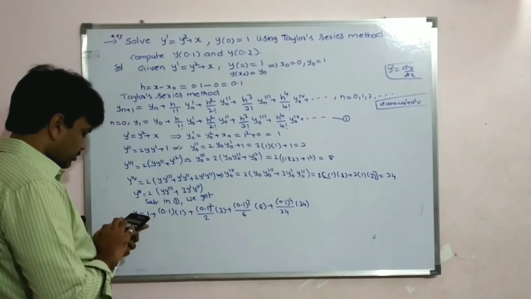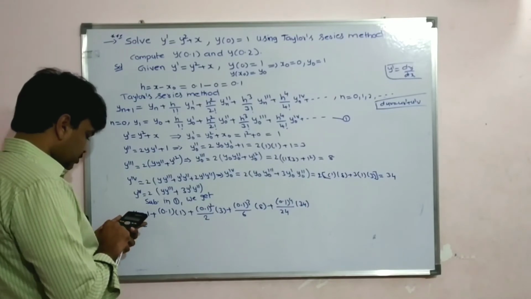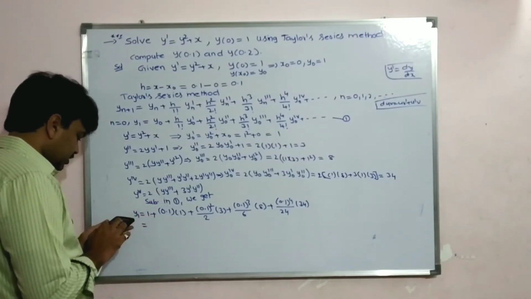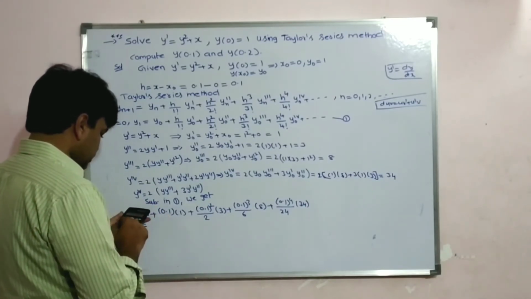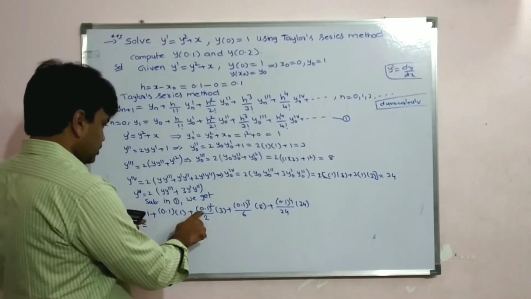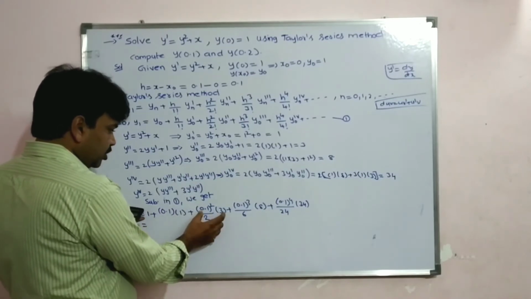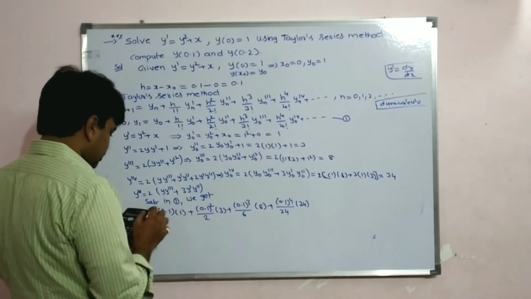So calculate, students, here 1 plus 0.1 into 1, okay, right, plus 0. I want to write these two terms at a time, students, and then divided by 2, students.